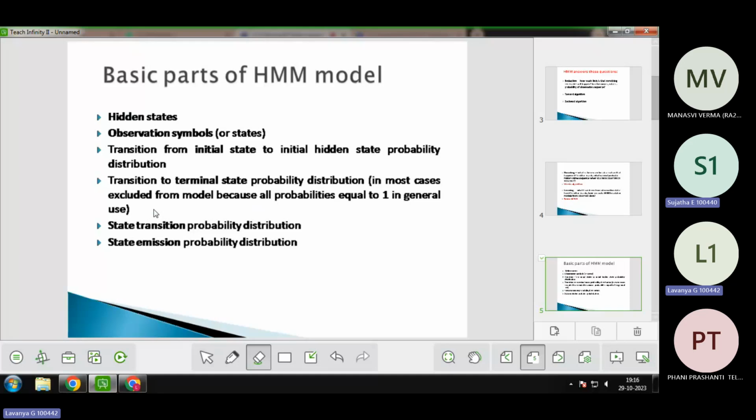Then, what is the state transition probability distribution? This is what you saw yesterday in your transition probability matrix. Then the state emission probability distribution. This is what you are going to see as a new thing today.